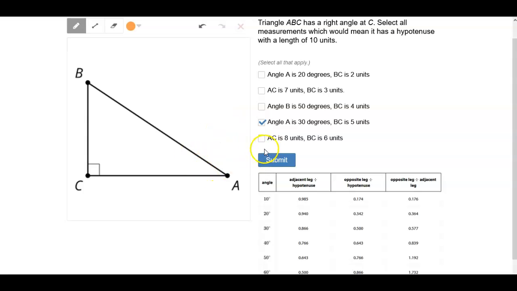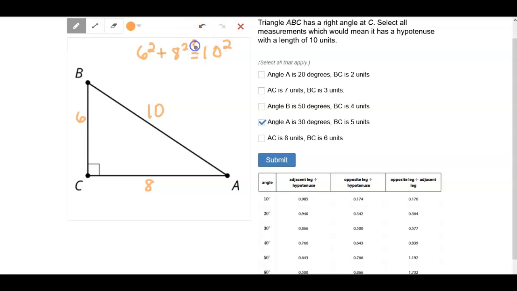And the last one, we have AC is 8 units, BC is 6 units, and we want AB to be 10 units. So again, we have all three side lengths here, so we're going to check to see if this is a Pythagorean triple. Remember, the only requirement is that 10 has to go where C is. So 6 squared plus 8 squared is equal to 10 squared.